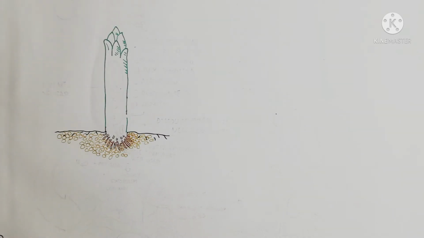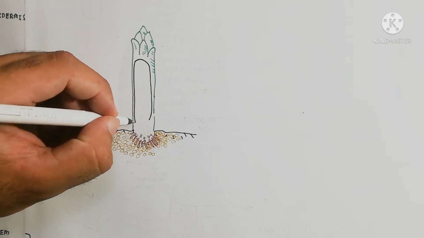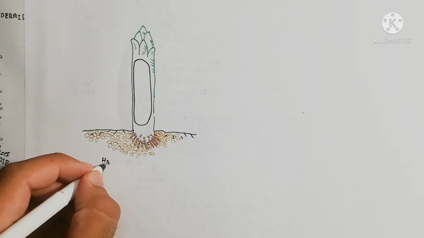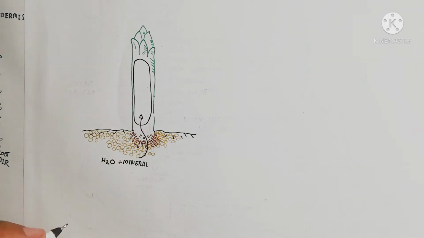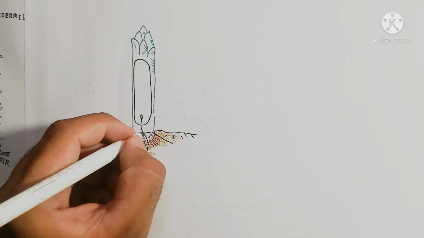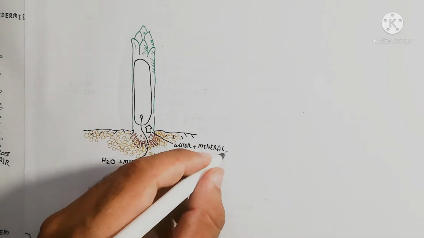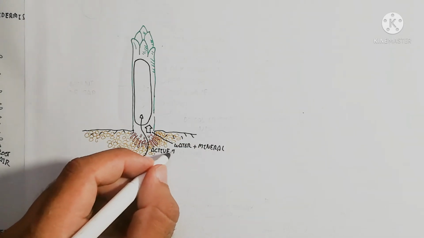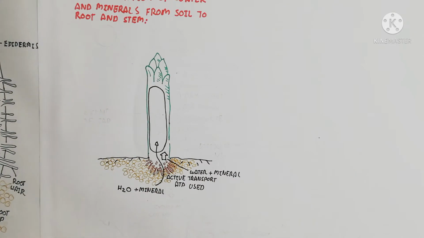So we will discuss the transportation of water and minerals from soil to root and stem. Here is the plant. This plant is embedded in the soil via a root. This root is used for the absorption of water and minerals, as well as giving support to the plant. When water moves inside through the root, the water and minerals are transported actively, so energy is used for it.